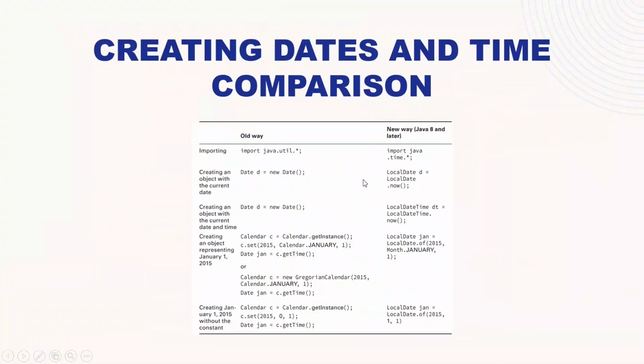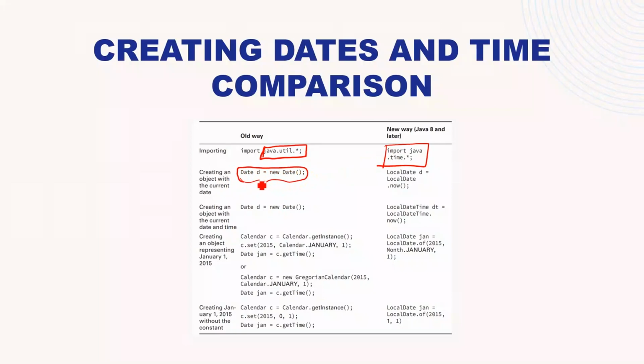If you see this table, the old way was to import java.util.*. The Date class used to be in the java.util package, and it is still there, you can still use it. The new way is that we import from the java.time.* package. We were able to use the new keyword to create an instance of the Date class.